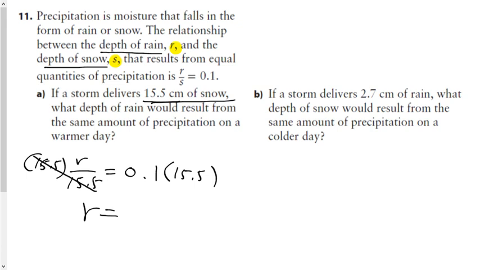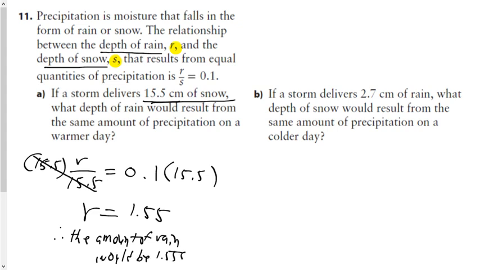R would therefore equal 1.55. So therefore, the amount of rain would be 1.55 centimeters. If there was 15.5 centimeters of snow, the amount of rain necessary to make that much snow would only be 1.55 centimeters.